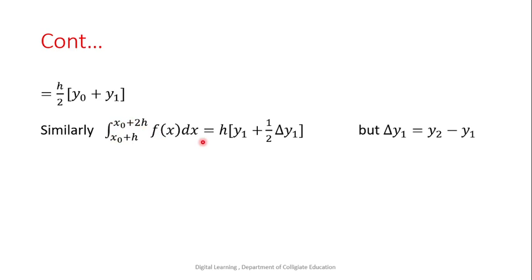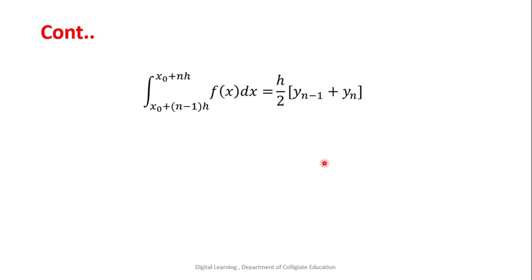Integral of f of x dx is equal to h times y1 plus 1 by 2 delta y1. But delta y1 is equal to y2 minus y1. Substitute the delta y1 value, then simplify. We get h by 2 times y1 plus y2.